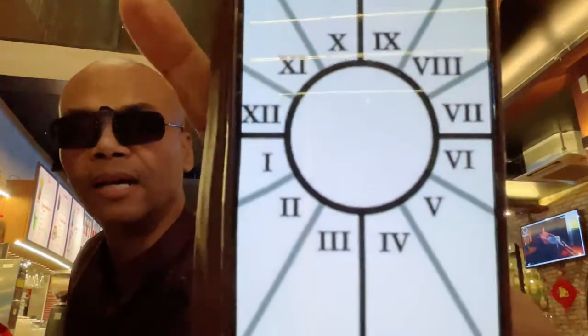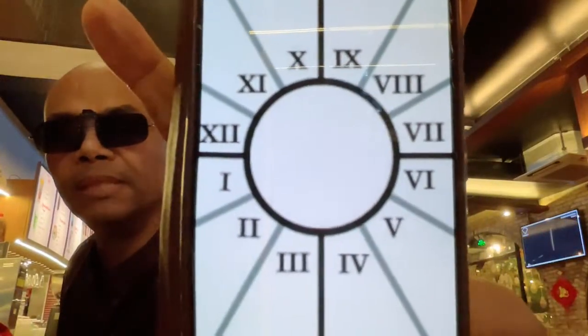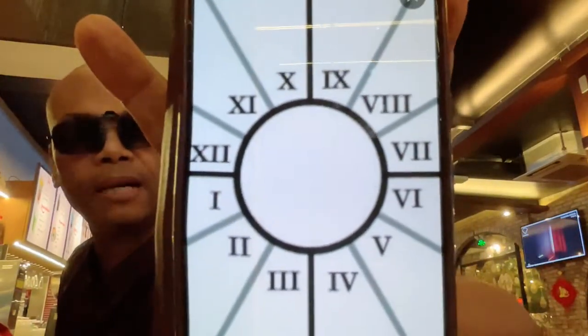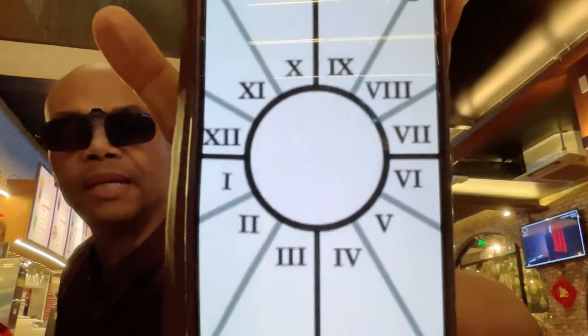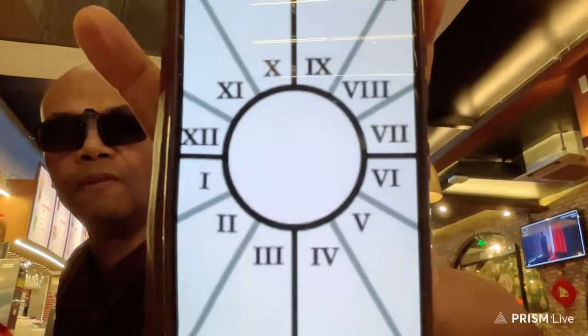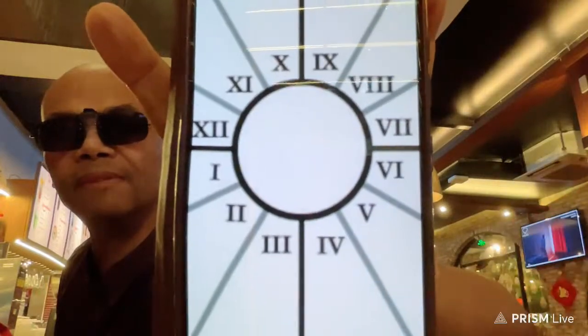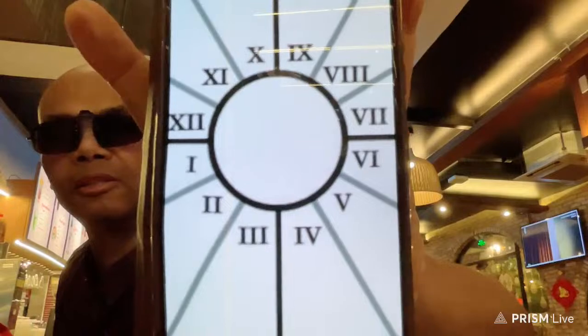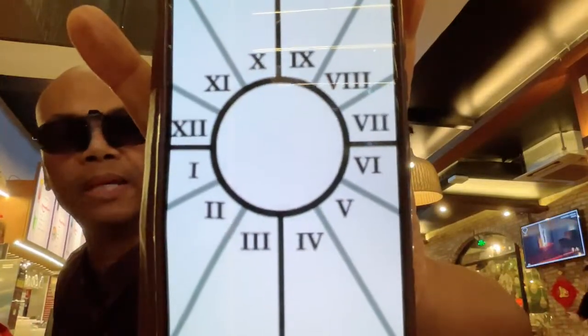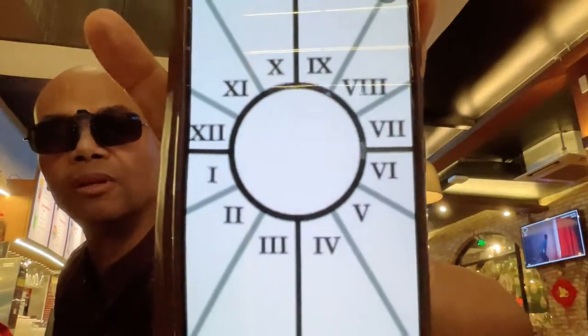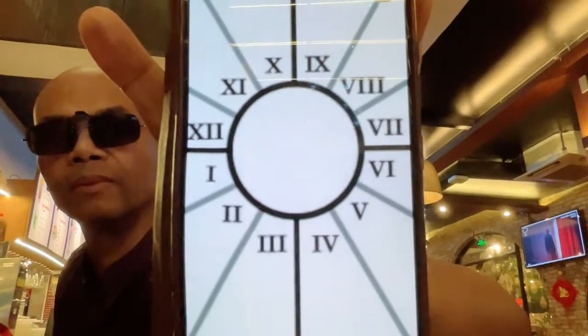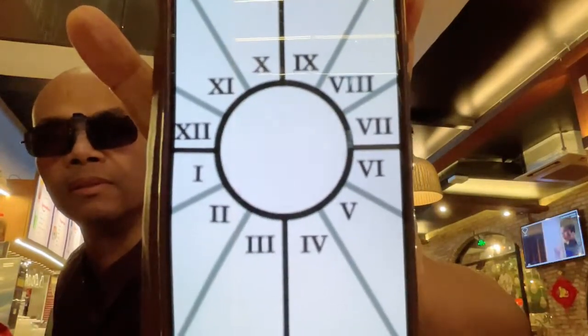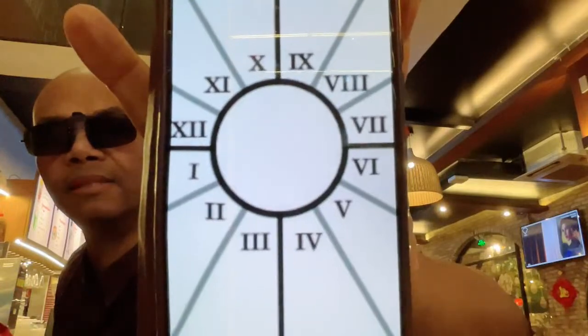Y'all see the 10th house is at the opposite of the 4th house. So count from 10 to 4. You get 10, 9, 8, 7, 6, 5, 4. So 7 houses, it's 7 houses away. The 10th house is 7 houses away from the 4th. Do y'all see it? 10, 9, 8, 7, 6, 5, 4. Everybody see that? That's what he means.